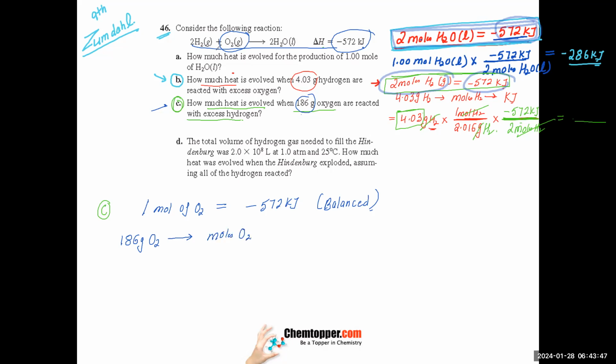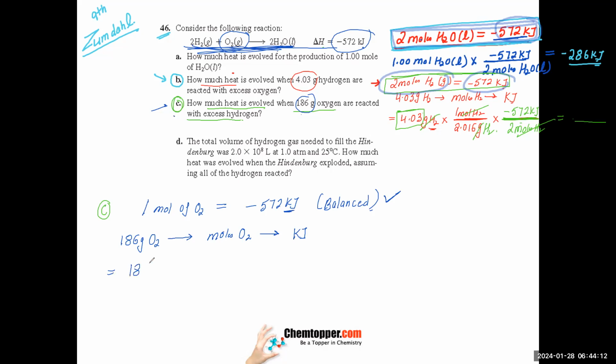Because these equations are in moles. So definitely if grams is given and I want to check the relationship, I have to convert that into moles. And from moles of O2, I can get kilojoules by using this ratio. Ready? Let's set up the ratio. We are doing the C part, children.